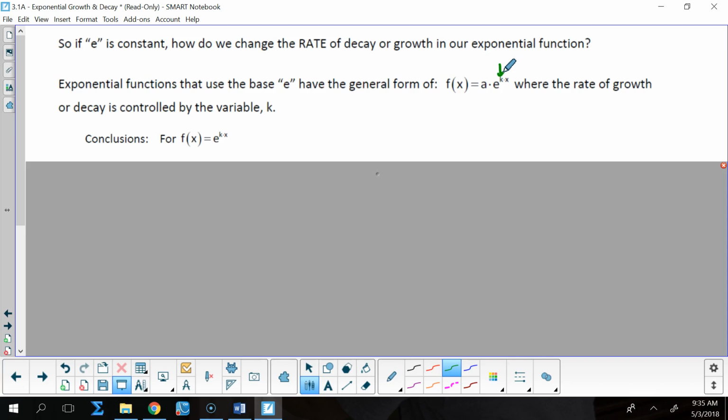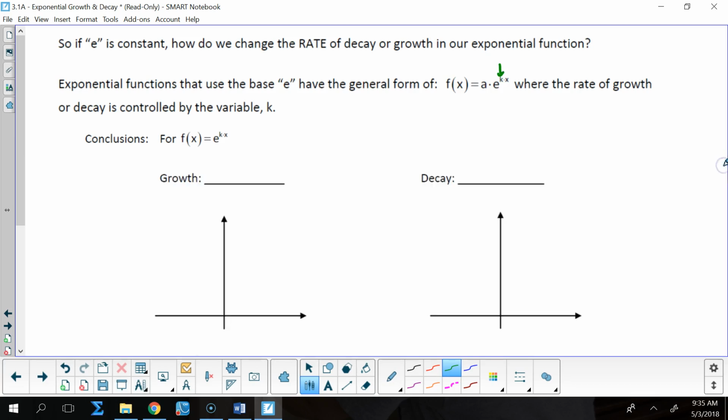Now, in the general form, f of x equals a times b to the x, there were all these funky rules. We just talked about 2 of them right now, where it's a growth function if b is greater than 1, and it's a decay function if b is between 0 and 1, and b can't be 0, and b can't be 1, and b can't be negative, and all those major rules. Okay? Well, in e functions, we don't have that.